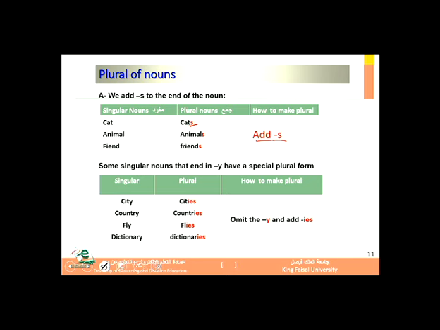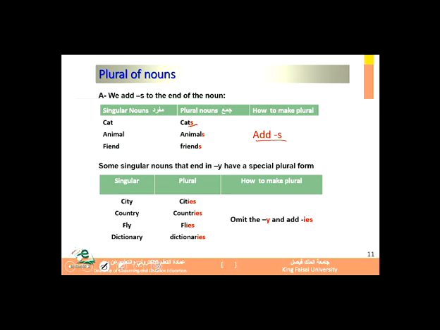So a word like cat can become cats if you add an S. The word animal, animals. Friend, friends. So you add an S to the end of the word and it becomes a plural. Now sometimes we have cases where the noun ends with Y.